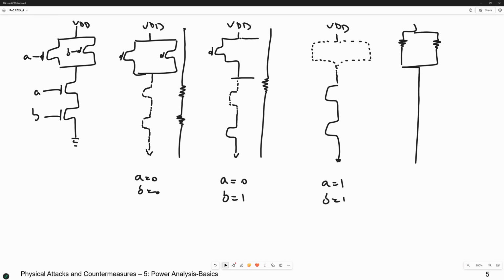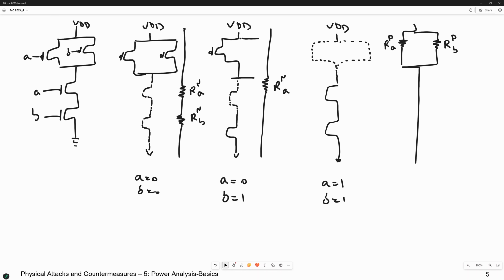Of course, the resistors are different. For example, this is R of A, R of B, and here R of A of, let's say, PMOS, and here R of PMOS of B. We can say this is NMOS, this is NMOS, and these transistors are different.